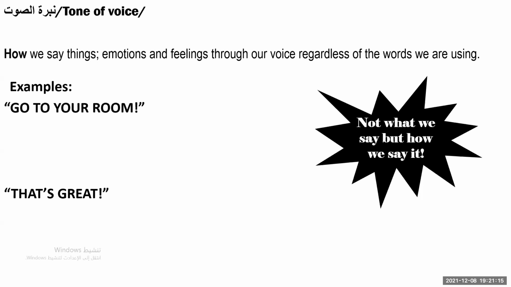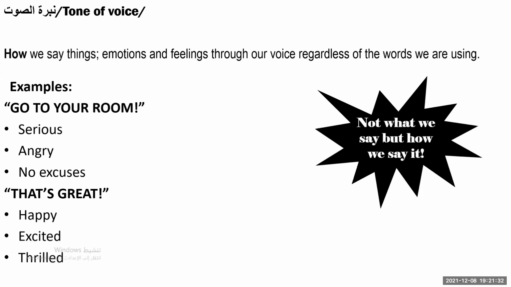Now, hearing a mom saying this with that strict tone means that she's serious, she is angry because he broke the vase, she doesn't want to hear any excuses from her kid, no matter what they are, and basically she is absolutely upset, okay? But how could we infer that? Did she say she's angry or upset? No, we could understand her feelings and emotions by her tone of voice.